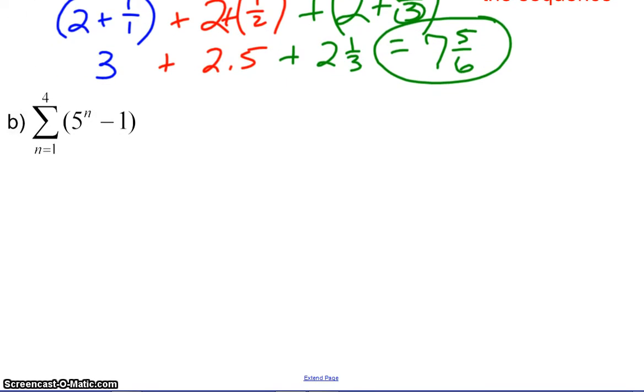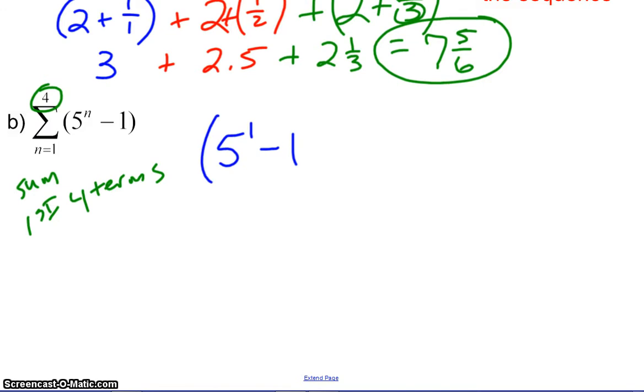We can go ahead and do that for the second one. This time we're finding the sum of the first 4 terms. So we can plug in 1 for n. That is our first term.